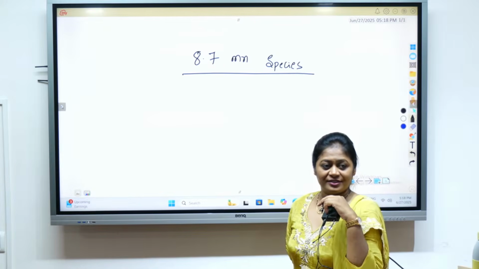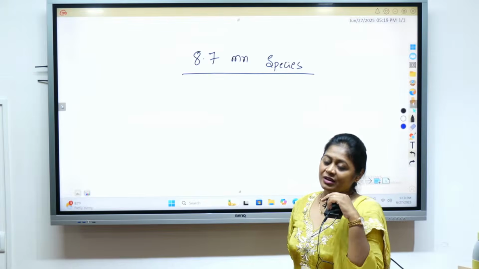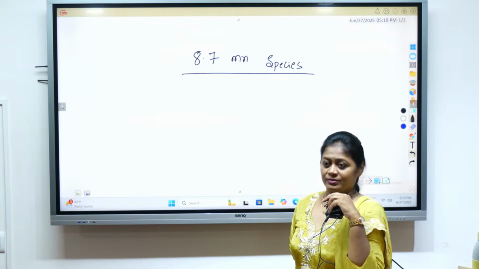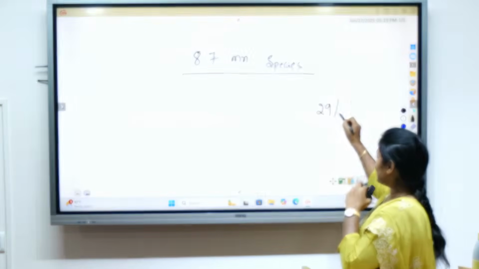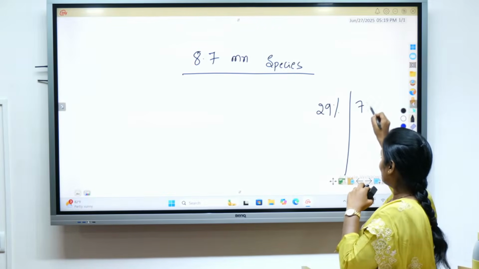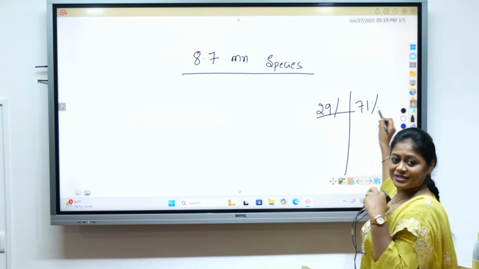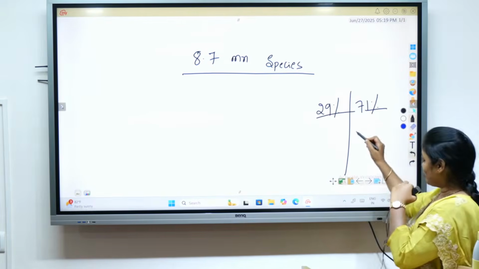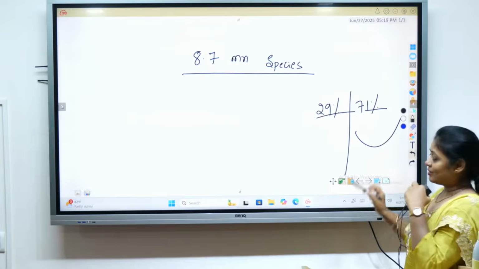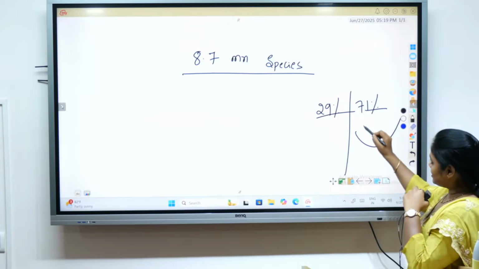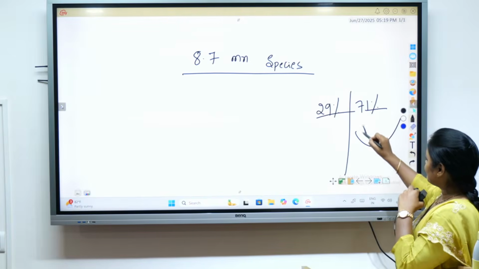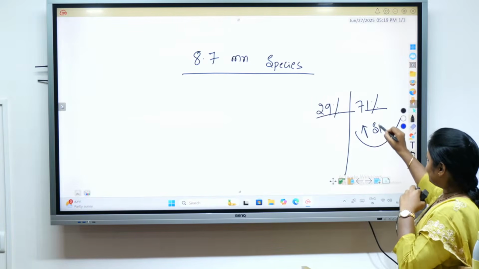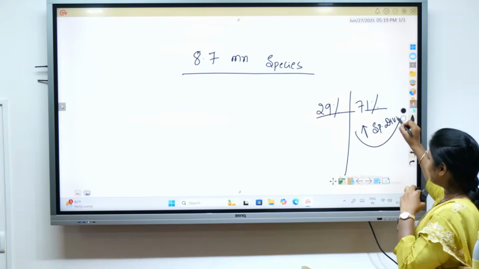True or false? It's true, right? This is how UPSC tricks you. You think 29% land, 71% ocean. Obviously, the ocean surface is vast, so the species diversity will also be more. Please remember.